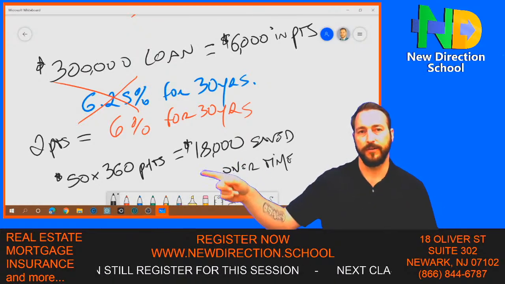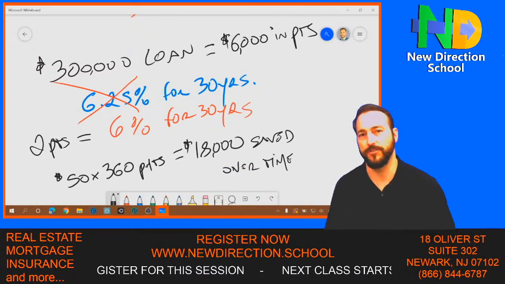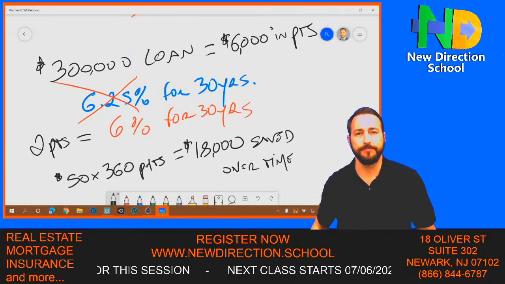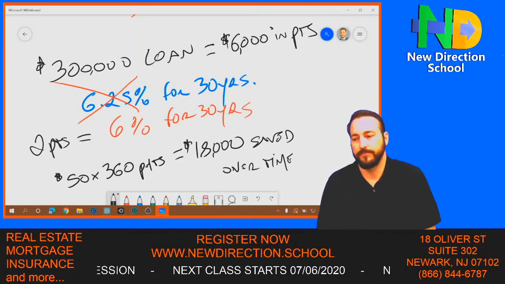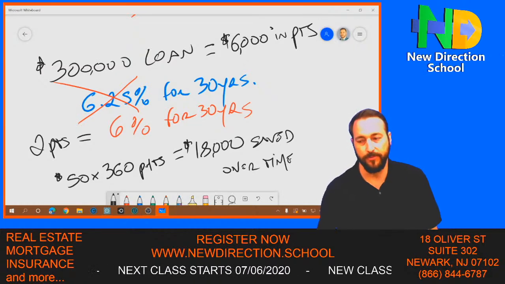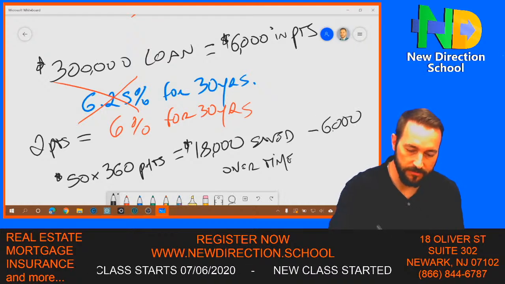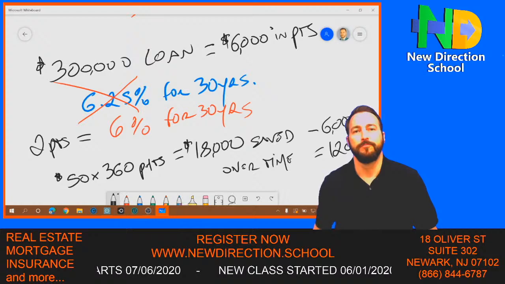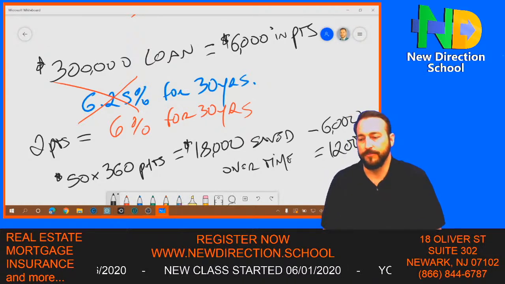So minus your initial investment, $12,000 was your actual return on that investment. Not bad, right? You guys understand? Correct. The actual savings, because you have to subtract your investment of 6,000, was 12. But still, think about it. It's a great return.